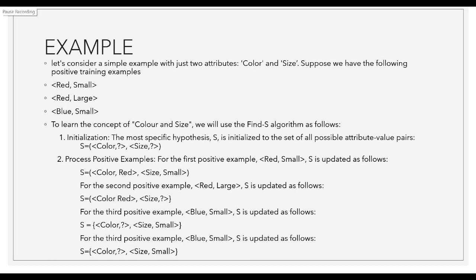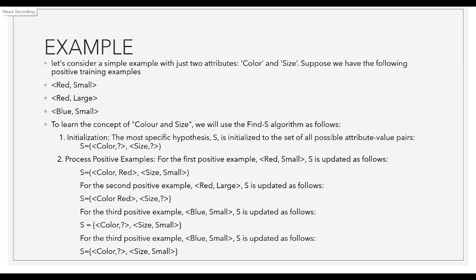To learn the concepts of color and size, we will use Find S algorithm as follows. The first step, initializing the hypothesis S to a set of all possible attributes and values. S equals color question mark, size question mark. Question mark represents general hypothesis.